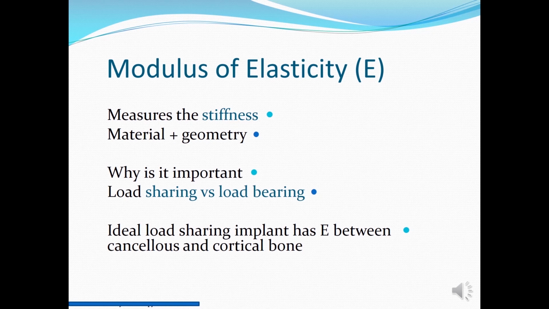It is important because for load sharing or load bearing devices, whether you need a stiff or non-stiff implant, for ideal load sharing devices, it's better to have a modulus of elasticity between cortical and cancellous bone.